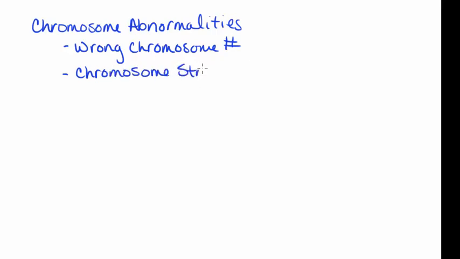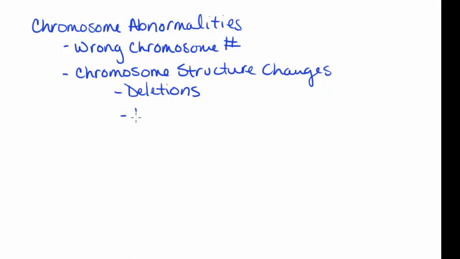And so this would be chromosome structure changes. And there's a lot of different categories that this falls into. We can have deletions of certain sections on the chromosomes. We can have what we call inversions, which would be where sections of the chromosome just get completely turned around so then they're in the opposite orientation that they should be.